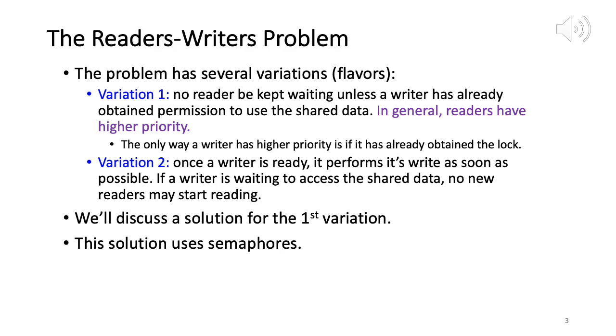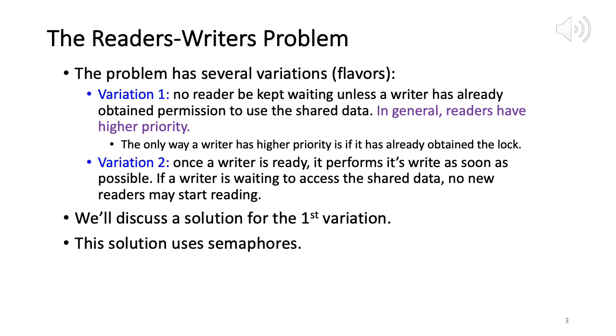So variation 1 states that no reader be kept waiting, unless a writer has already obtained permission to use the shared data. Which means if you have a queue in which, right now let's say at time t, no process has obtained the lock or the permission to enter the critical section, and you have a bunch of readers and writers, then the readers will get higher priority.